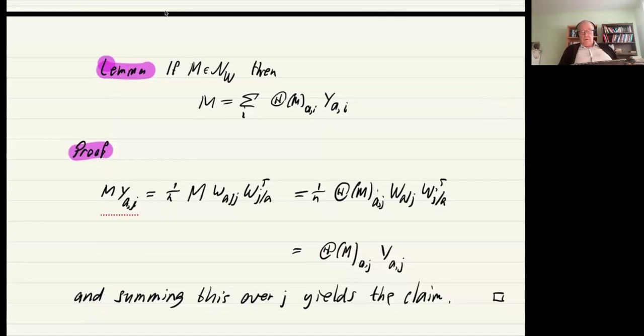You can check through that, and so we get that we have this relation. Now, we can write the entries in any row to span the Nomura algebra. Each row will give us a collection of things that span the Nomura algebra. The columns will give you things which span the Nomura algebra of the transpose of W.